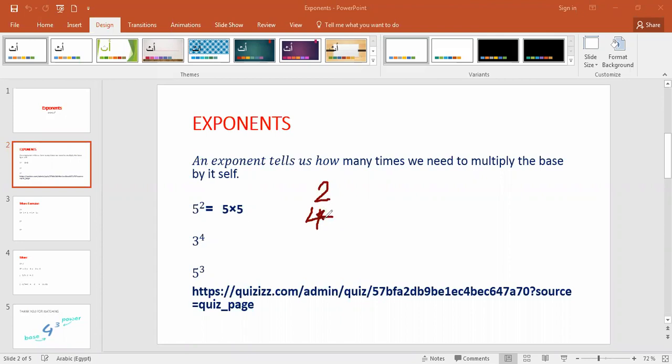This 4 is called the base value. 2 is the exponent or power. Power means how many times the base value is repeated by itself. 4 power of 2 means 4 times 4. 4 times 4 is equal to 16. So 4 power of 2 is equal to 16.